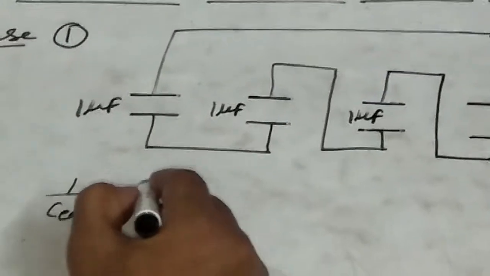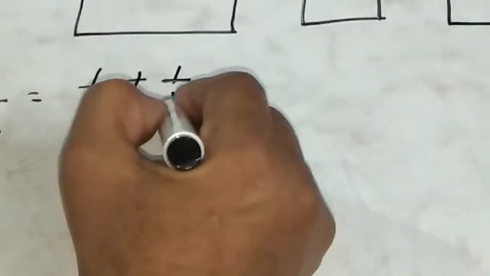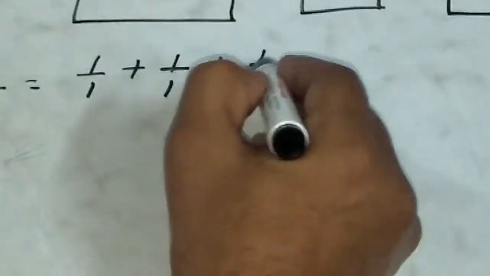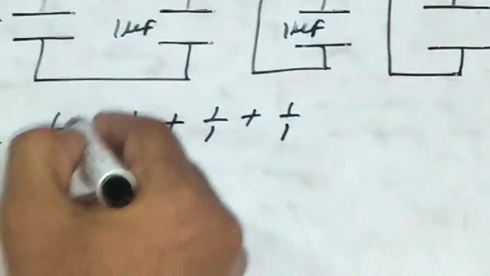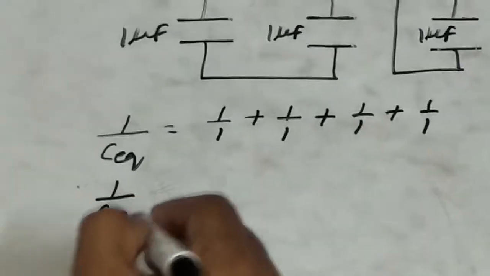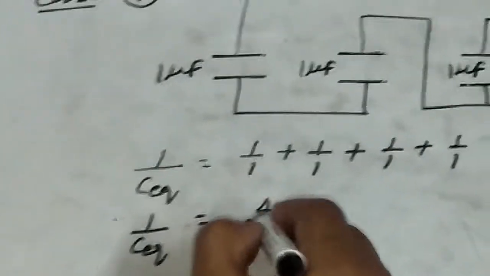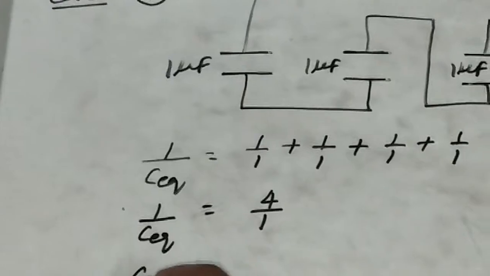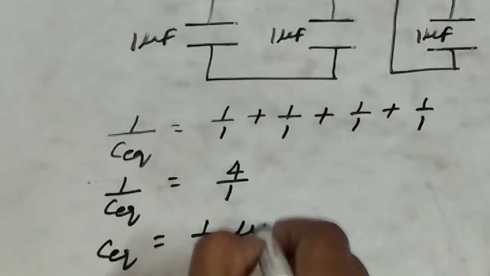to 1 upon 1 plus 1 upon 1 plus 1 upon 1 plus 1 upon 1. Simply you can say 1 upon C1, 1 upon C2. It means 1 upon C equivalent is equal to 4 by 1, or C equivalent is equal to 1 by 4 microfarad.